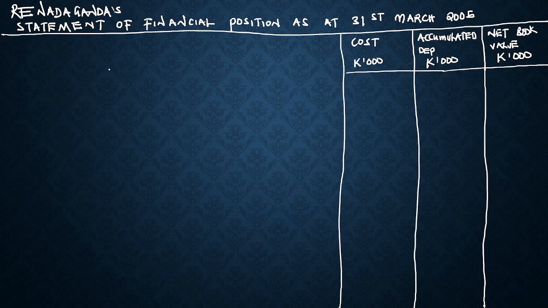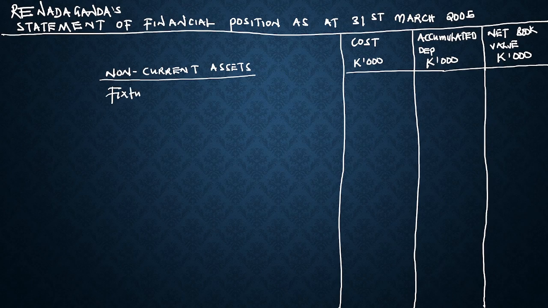So we'll start with non-current assets. There's only one there, which is fixture and fittings.